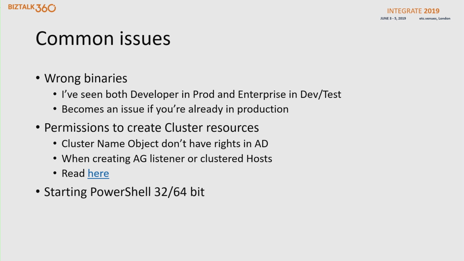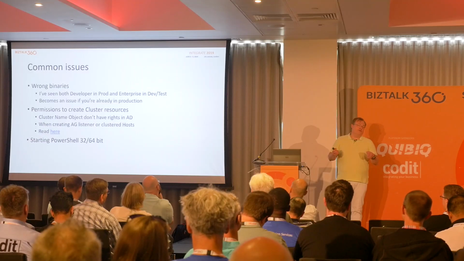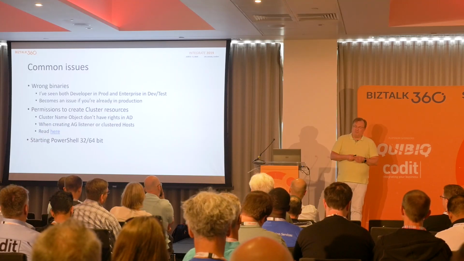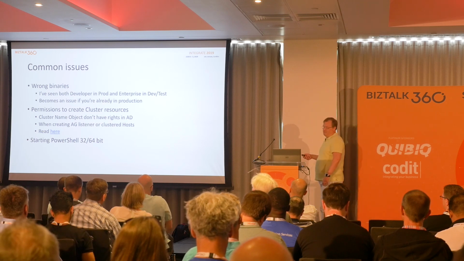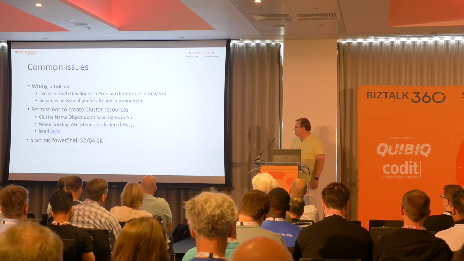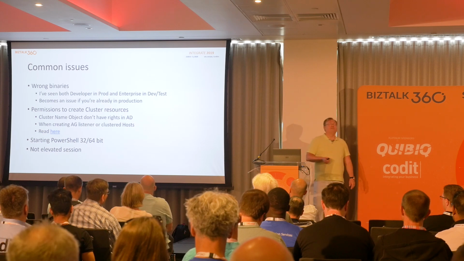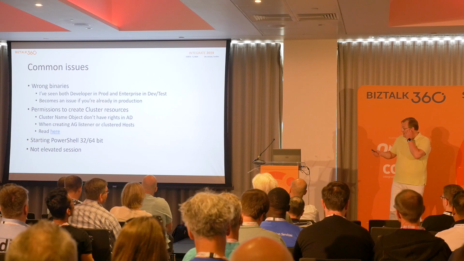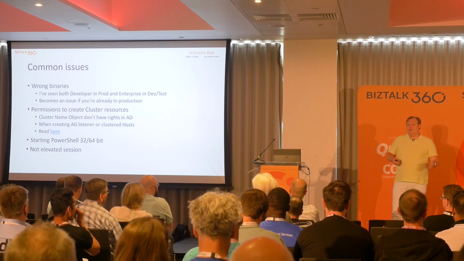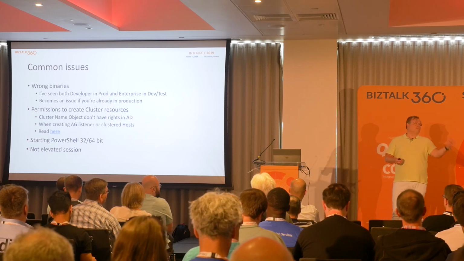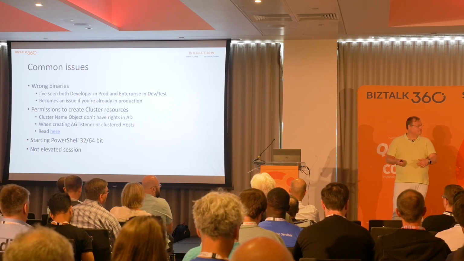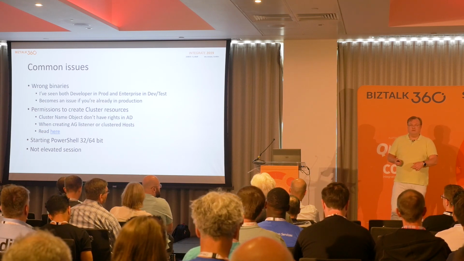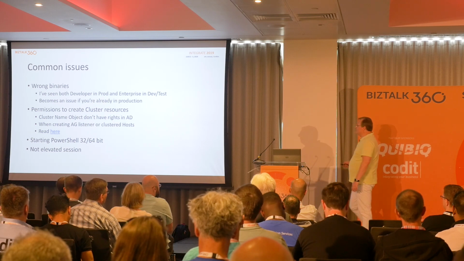Starting PowerShell, your session in 32 or 64-bit, depending on different modules you're using. You might need one or the other. This one, I have done it so many times until I did something. Not running elevated. The bad thing with this is that you get some things done and some not. And you generally want everything.